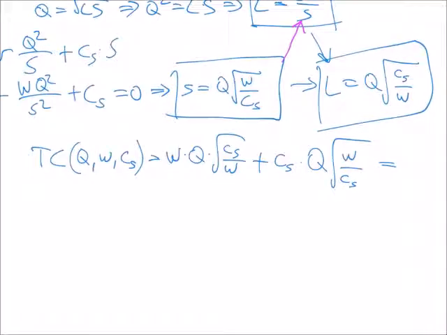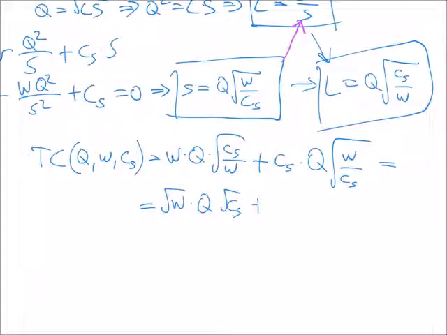Let's take this a little slowly. You have a W here, and you have a square root of W in the denominator. Because W equals square root of W times square root of W, one of those cancels out with the square root of W in the denominator, and you just get a square root of W and a Q and the square root of CS.